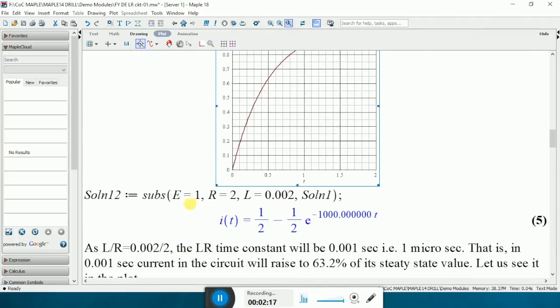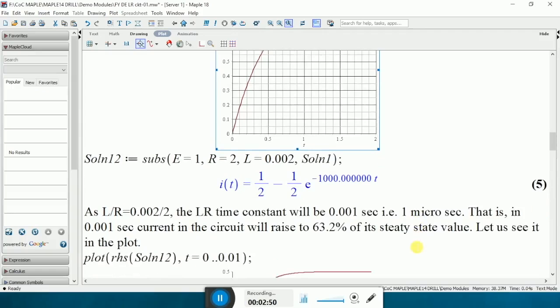We can choose something else also. E equal to 1, R equal to 2 ohms, and L equal to 0.002 Henry. So these values are substituted in the basic solution, which was called SOLN1, and L upon R is 0.002 by 2, that will give 0.001. So here we have plotted up to 2 seconds, and in 1 millisecond the 63% value will be reached.